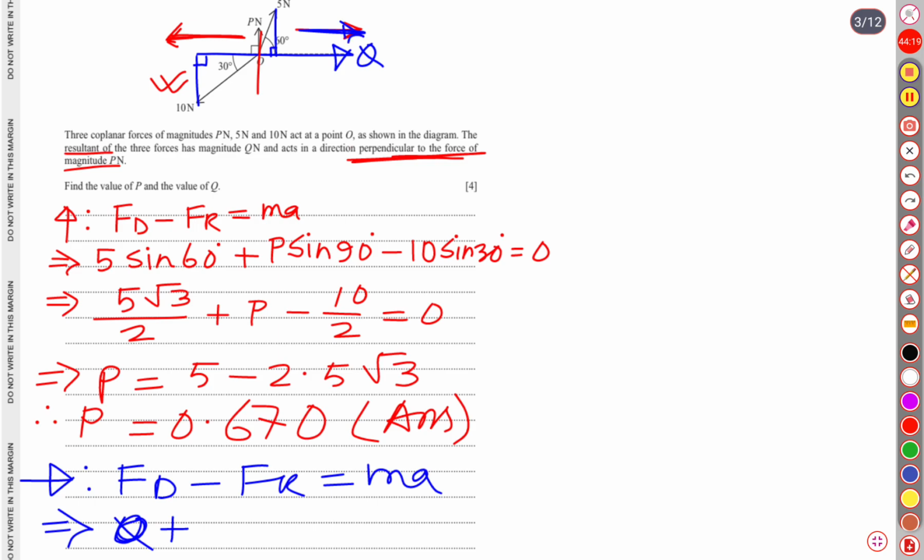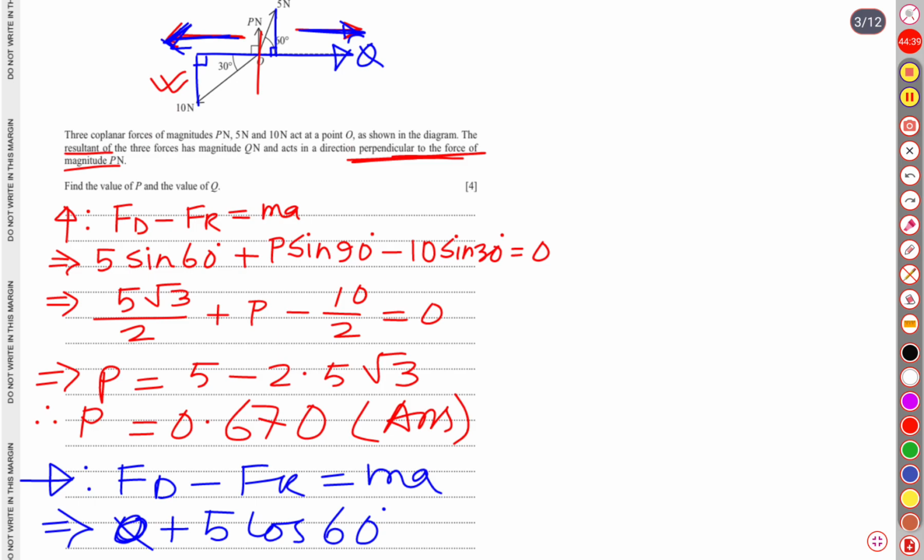So it is going to be 5 cos, how much is the angle? Angle is 60 degree, cos 60 degree. Then this is the next, the direction is opposite to positive.